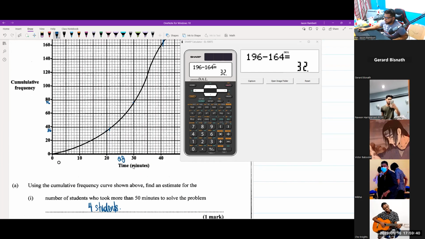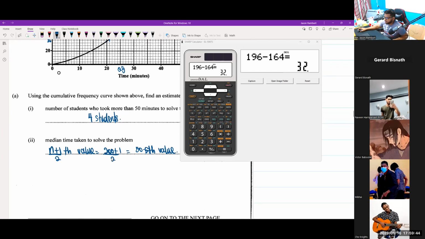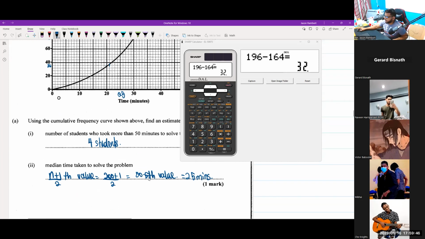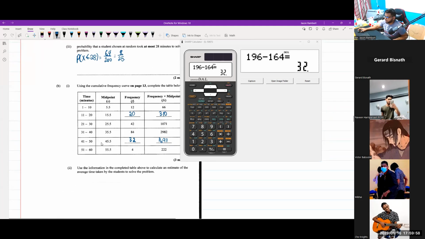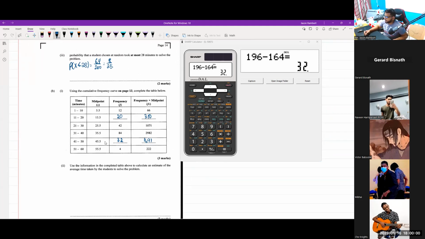Where did my two people come from? All right, well, let's say we did it off the graph. So off the graph, it could be 32. Cool. So put your 32. Since this is read off the graph, that will change as well.